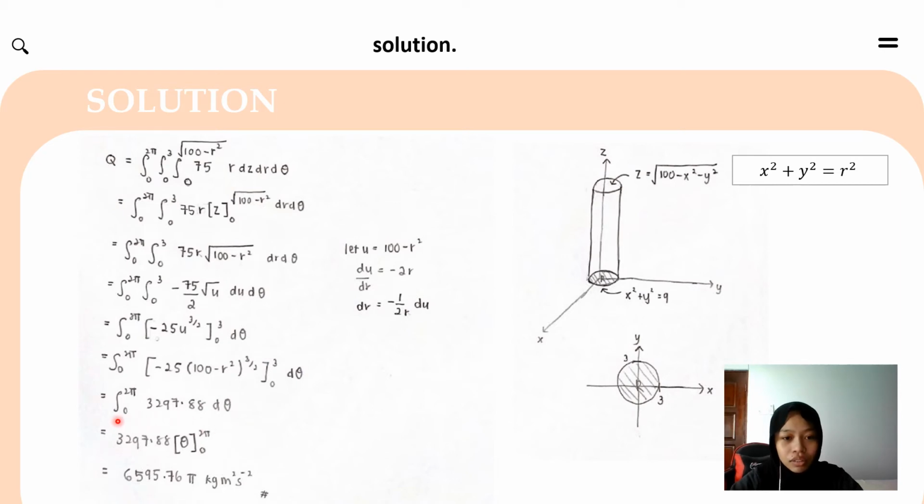Then we integrate with respect to theta, and we get 3297.88 theta, with the limit from 0 until 2 pi. Then we substitute the limit, and we get the final answer, which is Q equals 9595.765 kg meter squared per second squared.